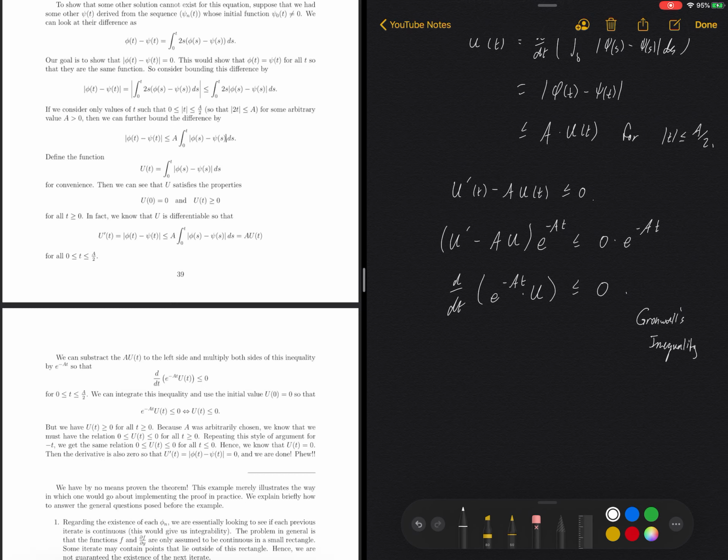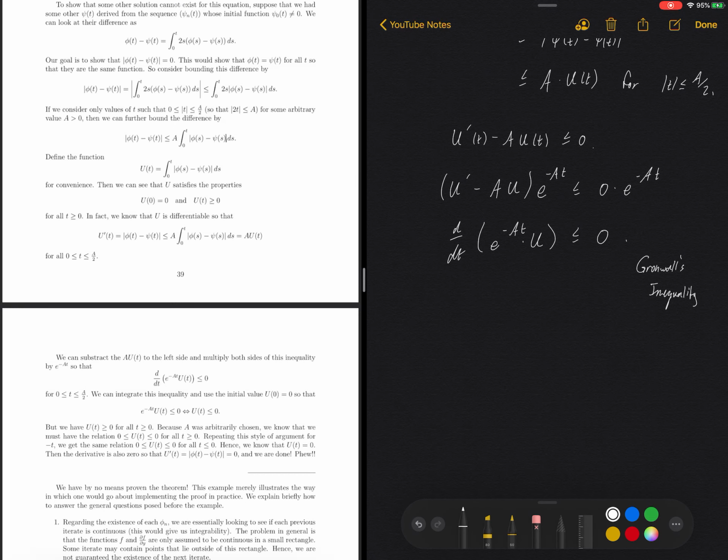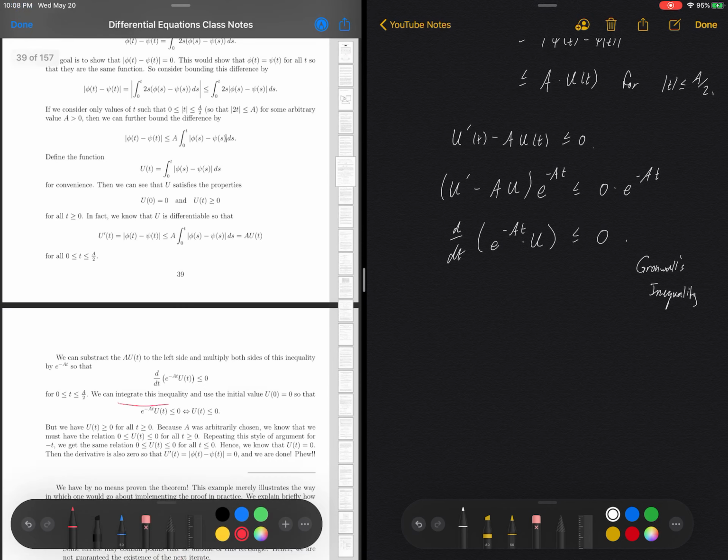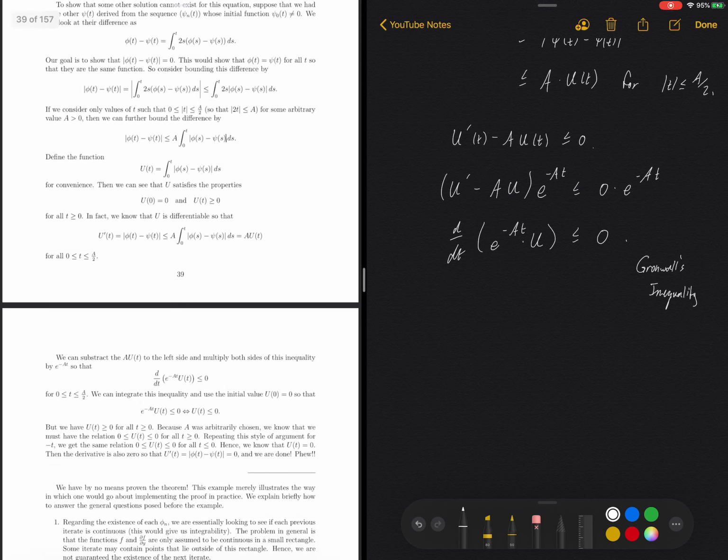For more on this, I will refer you to something called Gronwall's inequality on why you can't just go ahead and integrate from here. But what I do want to point out is that our solution, our function's derivative, has to obey this inequality. Or rather, if we tried to integrate both sides here, I know it says that in the notes here, it's not quite right.